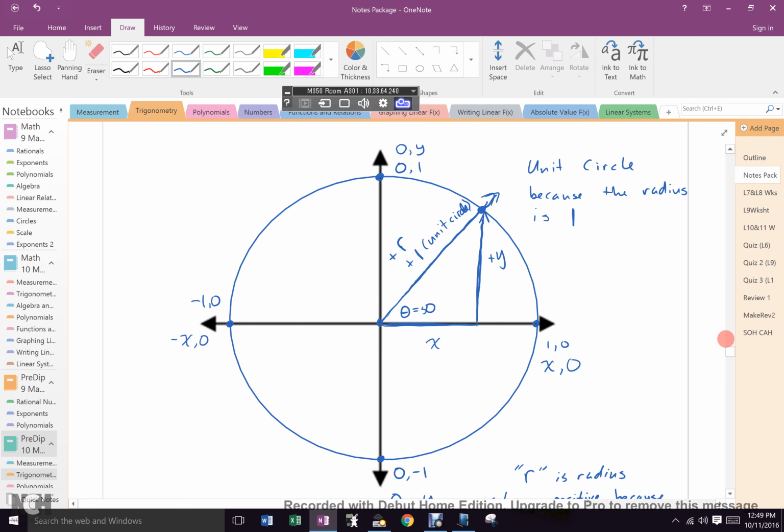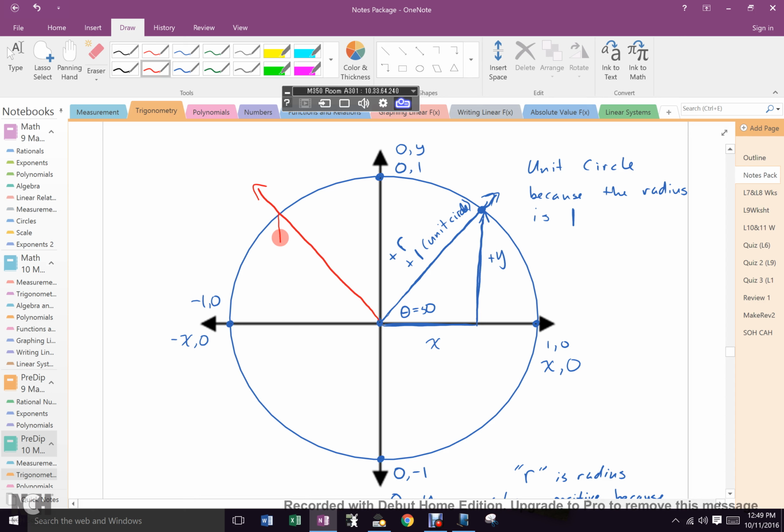Everybody draw for me now 130. I'm going to change colors and do 130. Where would it be? Right there, correct? Can I do trig there yet?